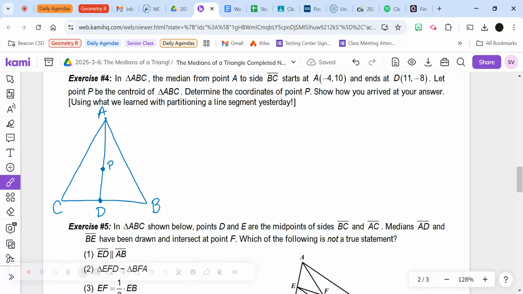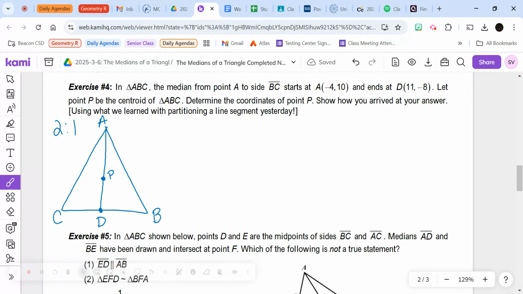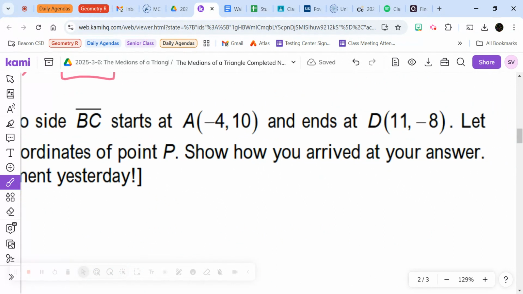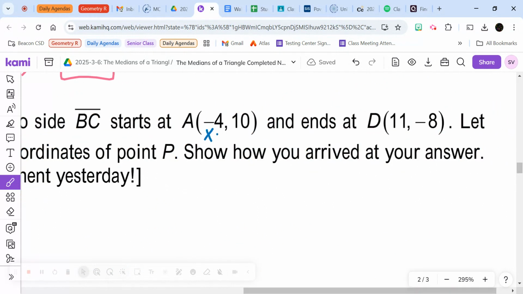So this is exactly what we did yesterday. We learned partitioning a line segment yesterday, so that's what we're doing. The ratio that we need is the 2-to-1. We have the coordinates of the endpoints of this line segment. So we're going to start by finding the change in the x value and the change in the y value. So just marking some things up. A is our x1, y1, and D is our x2, y2.